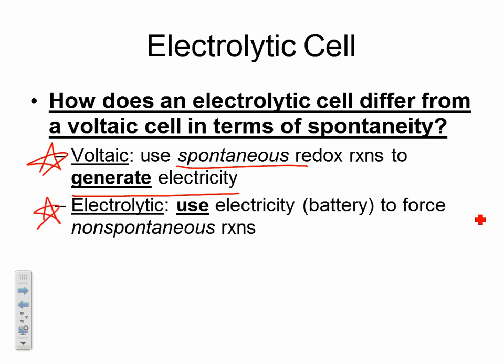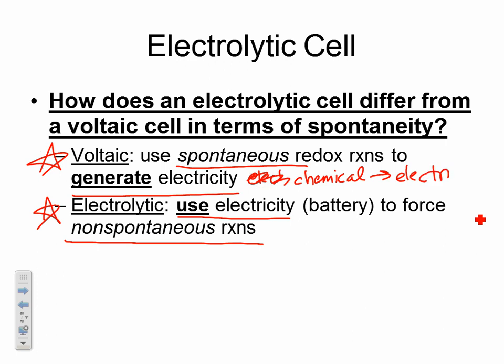Versus this other type of cell, the electrolytic cell, it uses electricity in the form of the battery to force a non-spontaneous reaction to occur. So this one is chemical energy gets turned into electrical energy. That's a voltaic cell. Versus an electrolytic cell, electrical energy gets turned into chemical energy, in that it's using the electricity to force this chemical reaction.